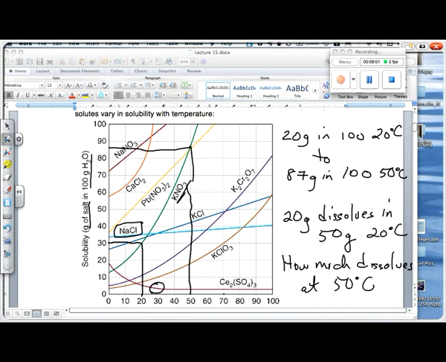Well, you can't compare this to what is on the graph because they're in different units. This is in 100 grams, this is in 50 grams. So the first thing you have to do is set up a direct proportion. Sapling asked a question like that about this graph, so just giving you a heads up, we'll talk about it when that comes up in recitation.